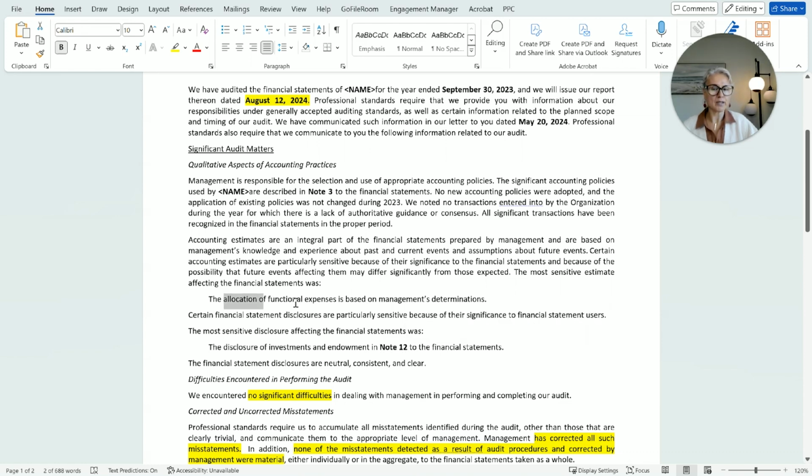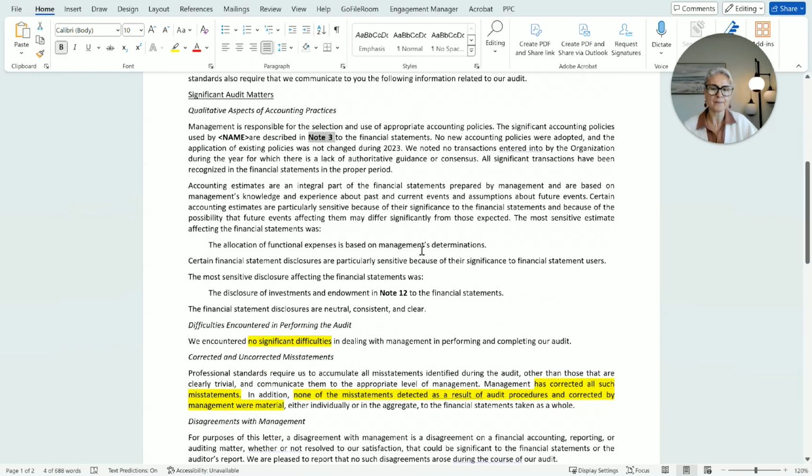They need to review allocation of functional expenses on the statement of functional expenses to obtain understanding of the methodology of allocation. The board needs to get familiar, read and understand footnote 3 with the significant policies that the organization uses to record cash and cash equivalents, investments, fixed assets, revenue, and so forth.